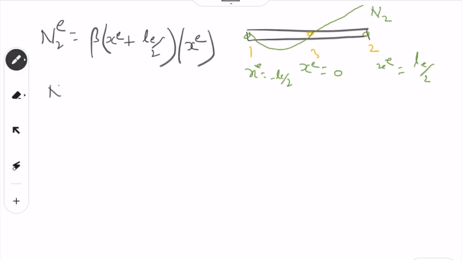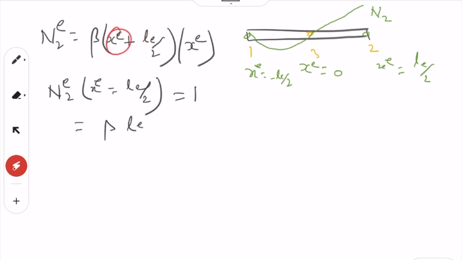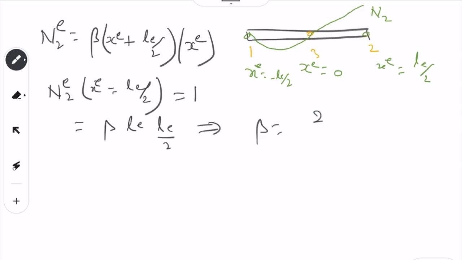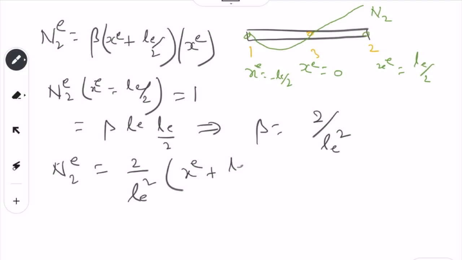So Ne2 equal to 1 at xe equal to Le over 2 has to be equal to 1, which is equal to beta, and then we have Le over 2 and xe also Le over 2, so we have Le multiplied by Le over 2, and hence that tells you beta is equal to 2 over Le square, and hence you get Ne is equal to 2 over Le square, and then xe plus Le over 2 and xe. Okay, so we found it.